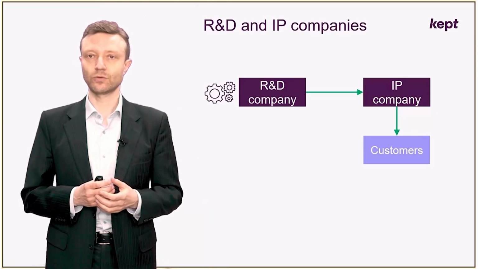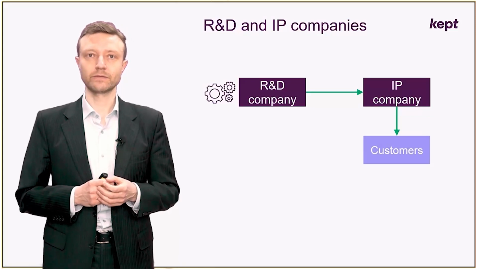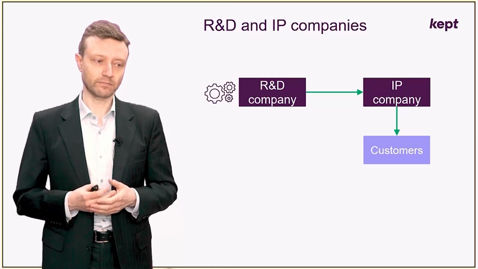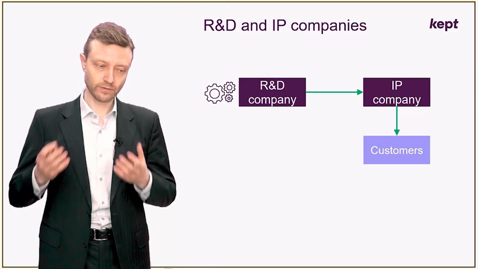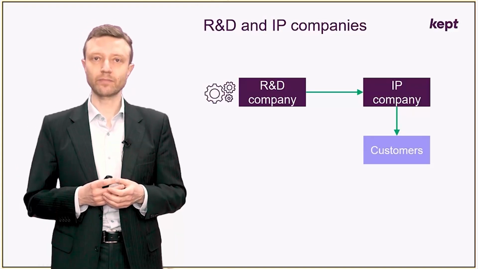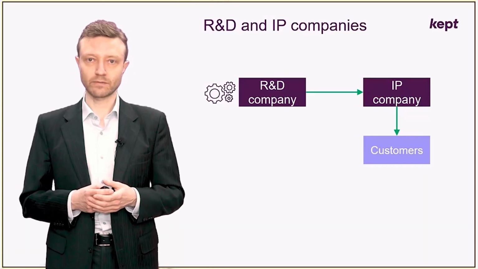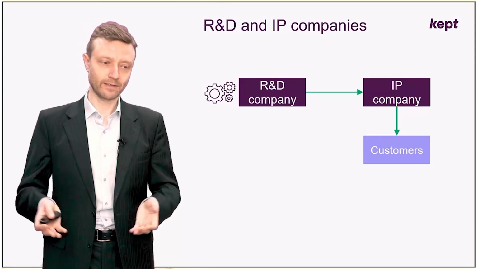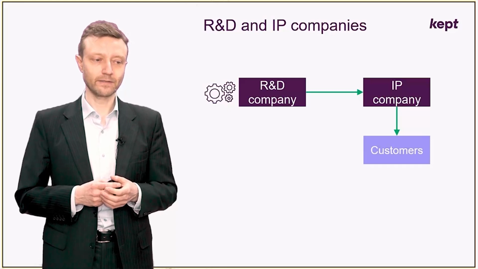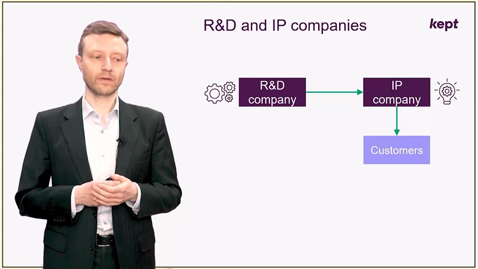As is shown on this slide, in this example, there is an R&D company that performs research and development activities, that develops IP, which is financed by the IP company, which then commercializes this IP and sells whatever customers can buy and are needed to end customers, and it owns the intellectual property.